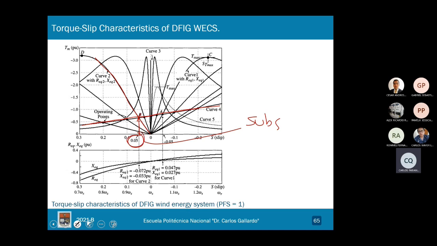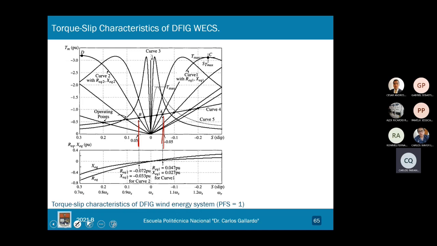So in this band of operation, between this value and this value, the slip is positive or negative. It means the doubly fed induction generator is always in generator mode.